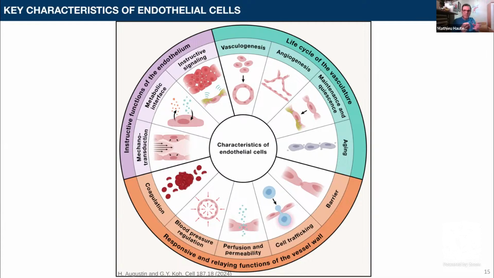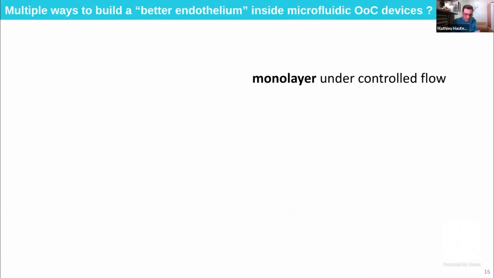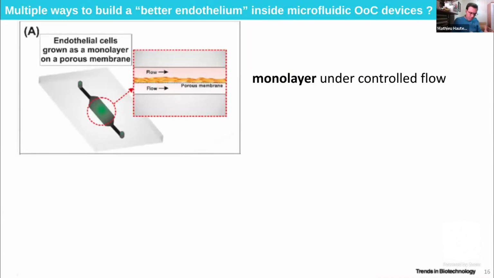They have their own specificity, and you cannot take a vessel from one tissue and put it in another tissue and find the same barrier function, cell trafficking. Everything is very well controlled at the tissue level. So that's why we don't really understand how it works, because each tissue will be different. So it's a very long process, but still we made progress as a scientific community in building vessels on chip.